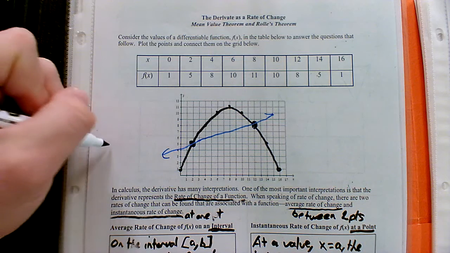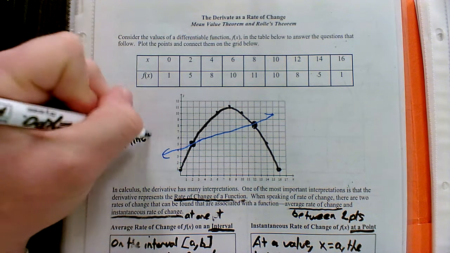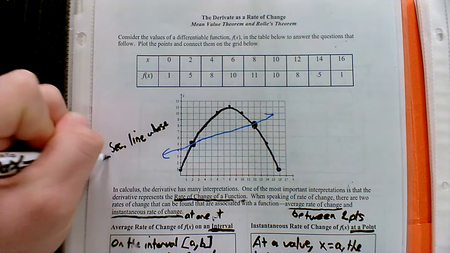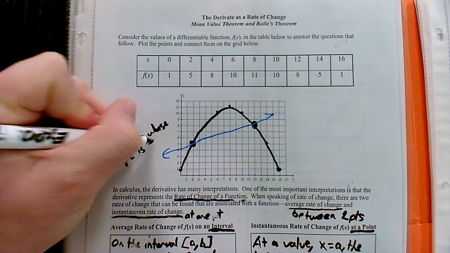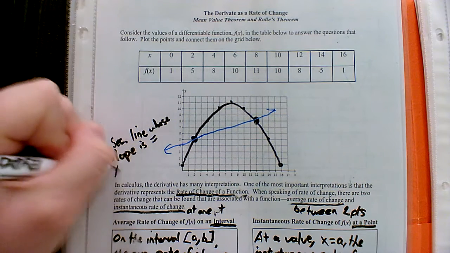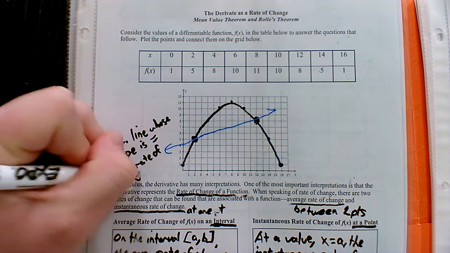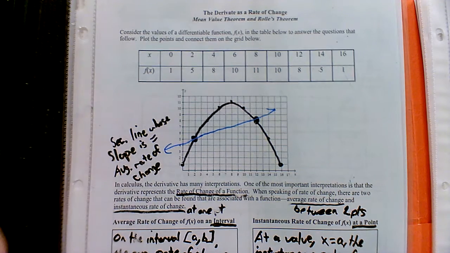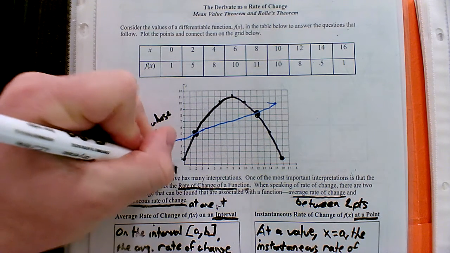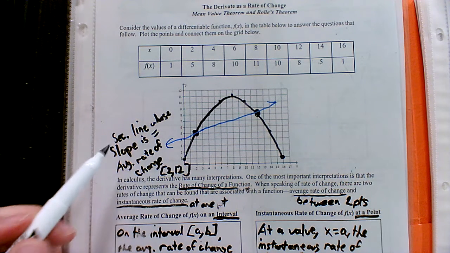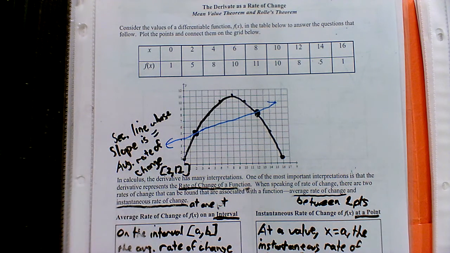So this is the secant line whose slope is equal to the average rate of change. And then you could list on the interval from 2 to 12. So that's the secant line whose slope is equal to the average rate of change on the interval 2 to 12.